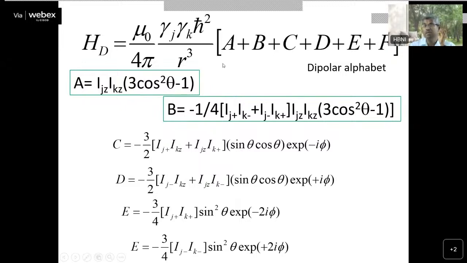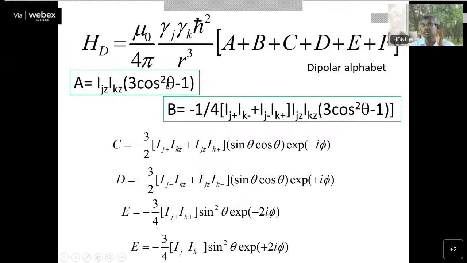Theoreticians call A and B secular components. Why do we call them secular components? Because they commute with IZ. We will not go into detail. Sometimes in books they write that A and B are secular components. So we take into consideration only A and B. C, D, E are of minor importance because they are negligibly small and they are non-secular components.